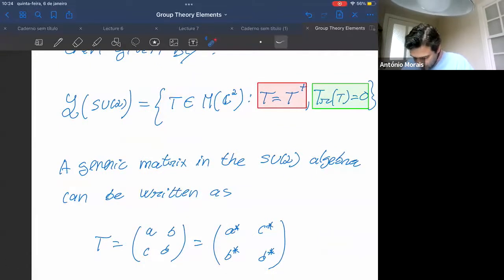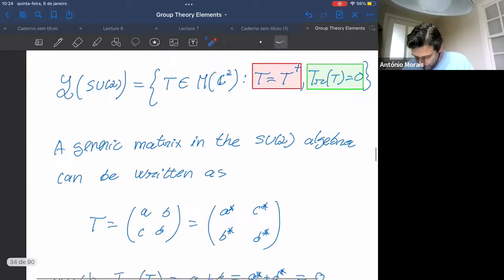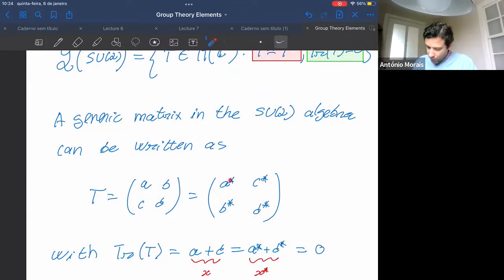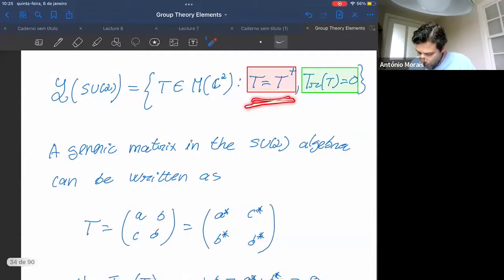So we have already seen that a generic T matrix, well, we didn't see, but it's similar to what we have done for the U matrix above, can be given in terms of some A, B, C, and D, which is equal to A star, B star, C star, and D star, because of the unitarity condition.